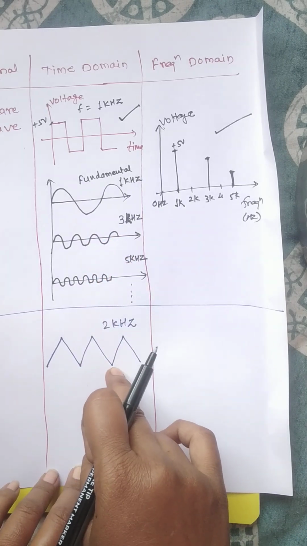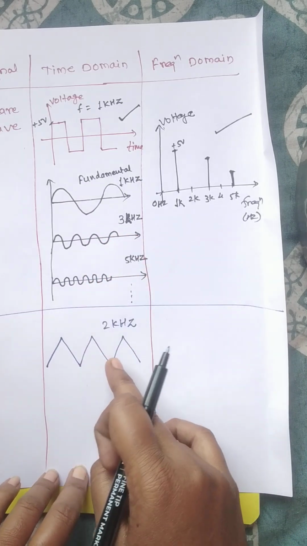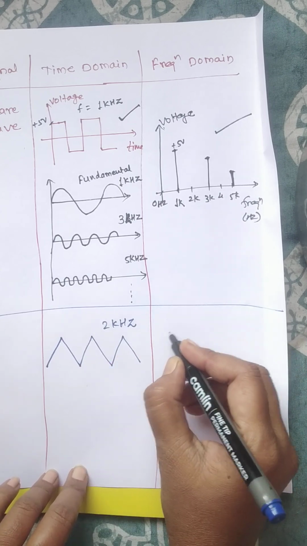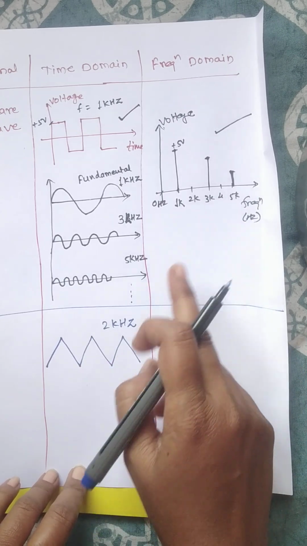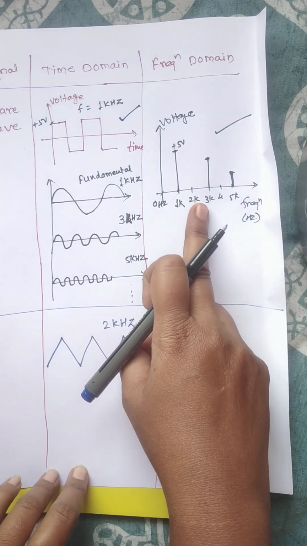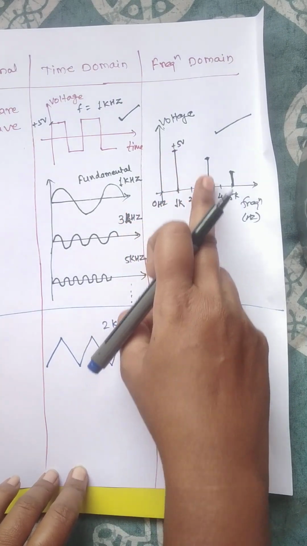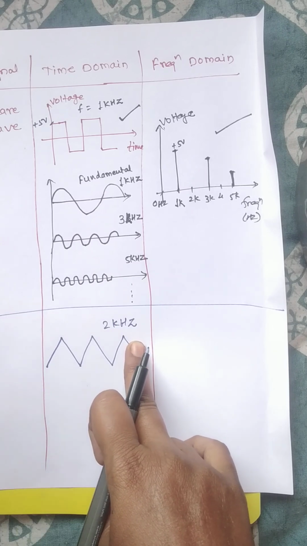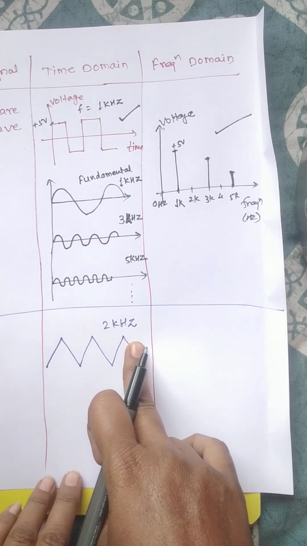In this case, not only odd harmonics but some other harmonics may be present. So by representing the same signal in this way, we can find out which frequencies are present in the given time domain representation of any signal. Okay.